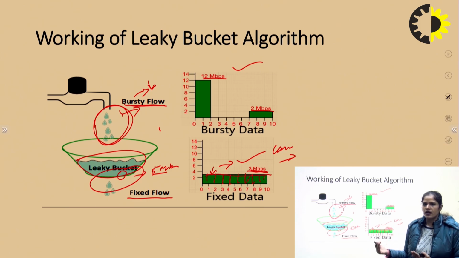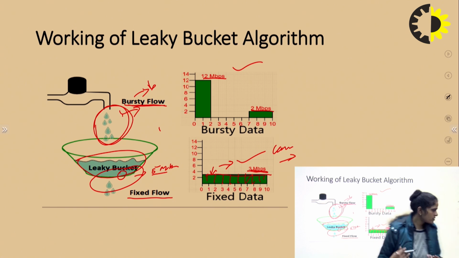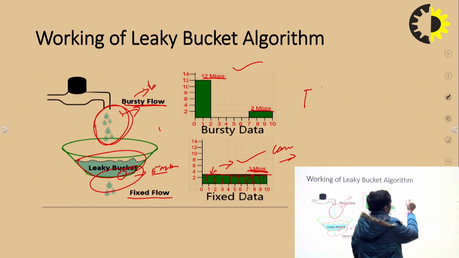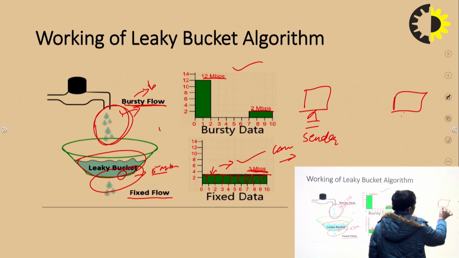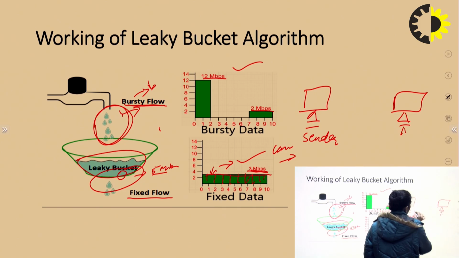from the buffer. So what happened here, let's say if I am taking an example, let's say this is a sender and this is a receiver, and here the sender is sending 1000 packets per second, right? But its speed is 100.